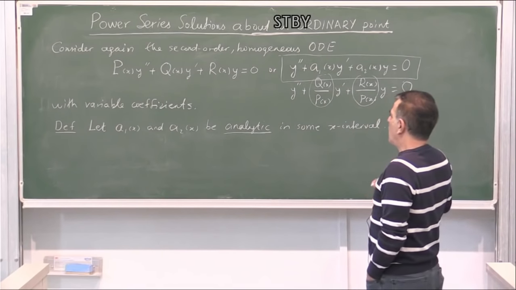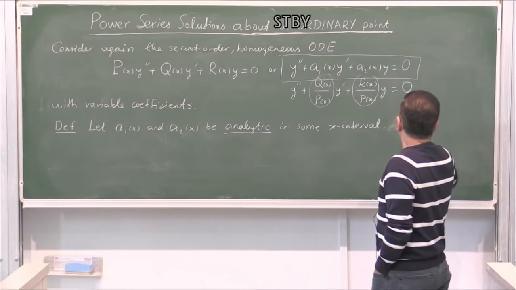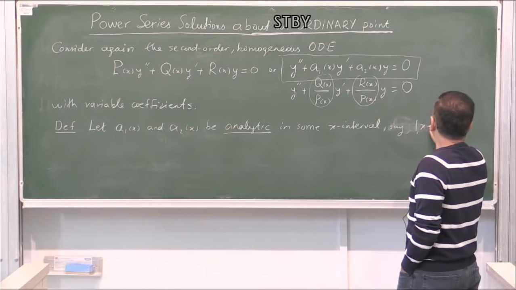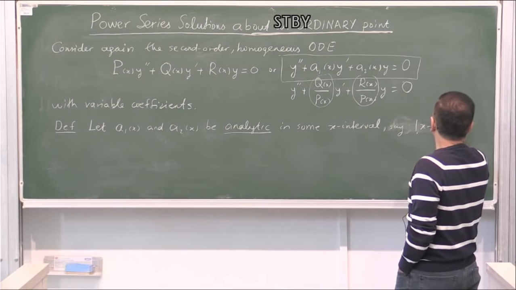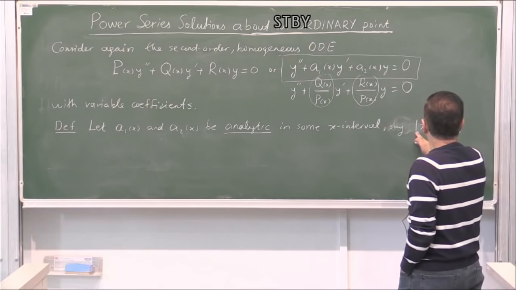So any point, say, in some x interval, so that x minus x0 is smaller than rho. Okay?